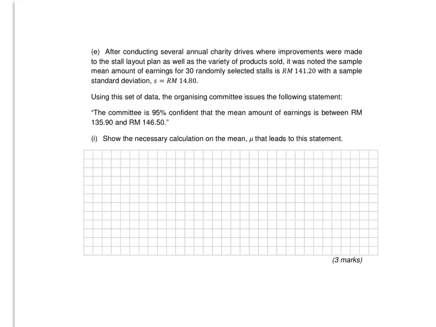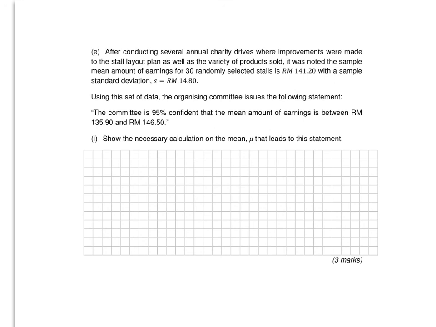This statement is obtained using the confidence interval formula at 95% confidence level, thus substituting the values of sample mean x bar, sample size n, and the standard deviation of RM 14.80 into the formula proves the statement issued.